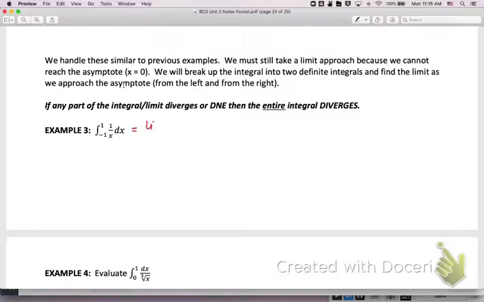So I'm going to say the limit as b approaches, if I go from -1 up to 0, I'm going to be approaching 0 from the left.